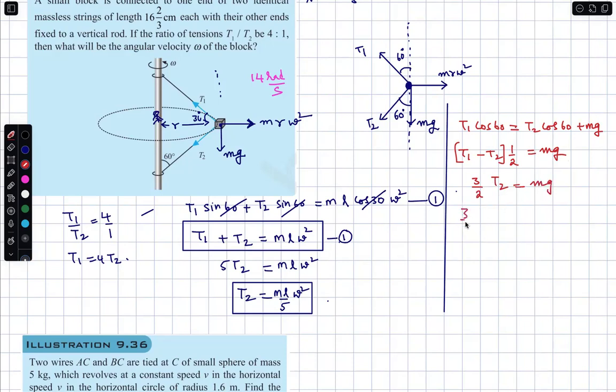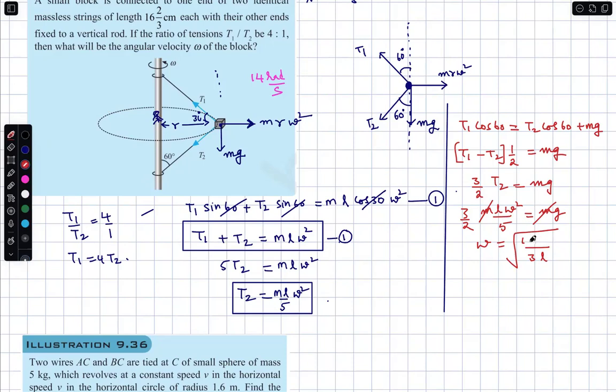But you know what T2 is from here? It is m l omega square by 5, which is equal to mg. Cancel m on both sides. By the way, omega is under root 10g by 3l, because 2 times 5 is 10.